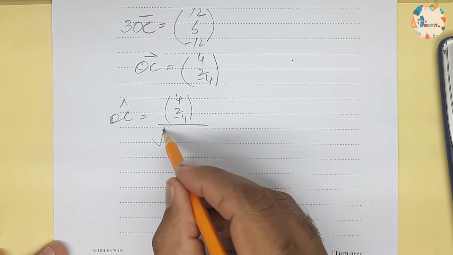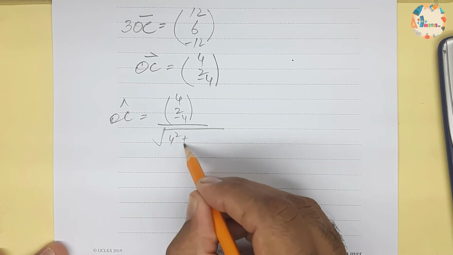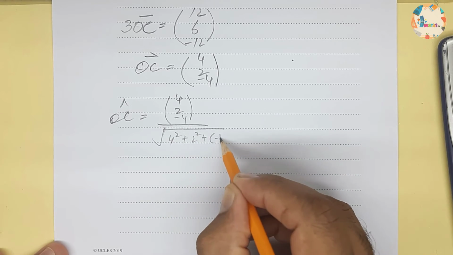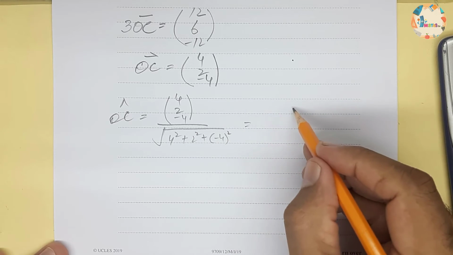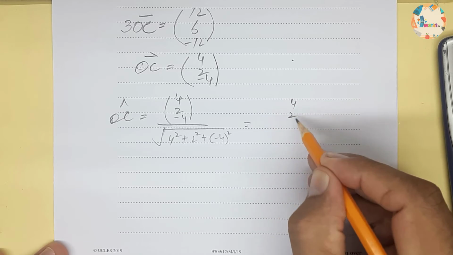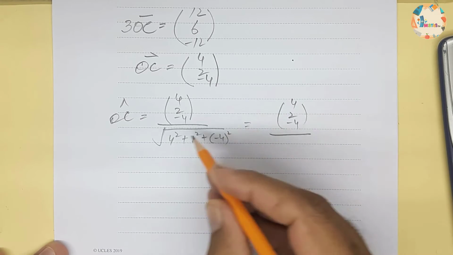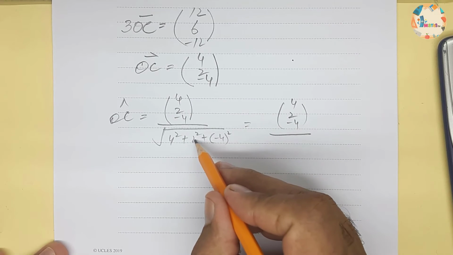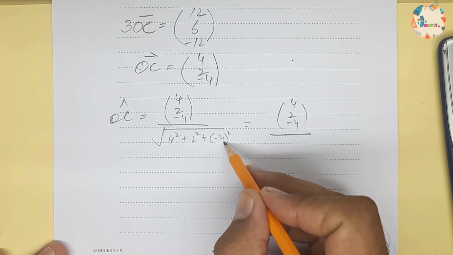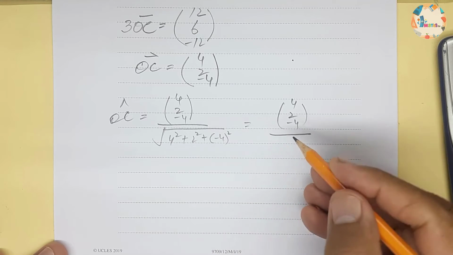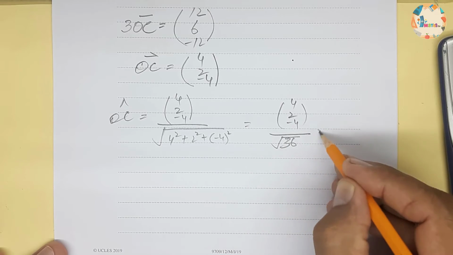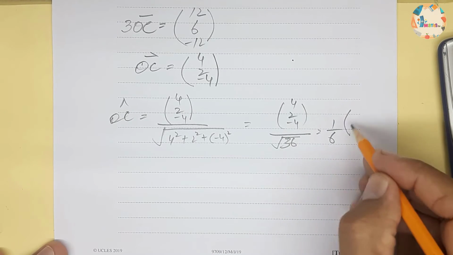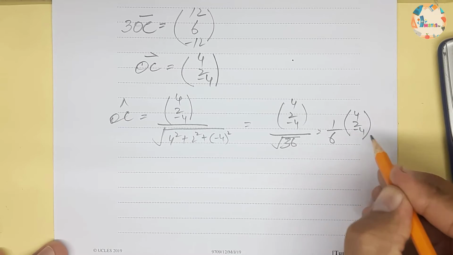The magnitude will be 4 squared plus 2 squared plus minus 4 squared. 16 plus 4 will be 20, and 20 plus 16 will be 36. So we can write 36 under root, which will be equal to 1 over 6 of 4, 2 and minus 4.